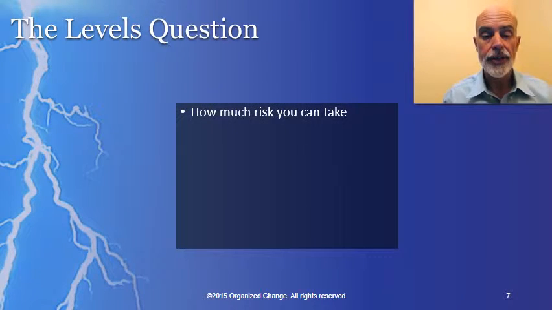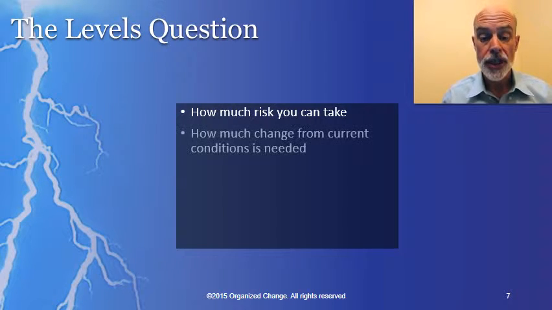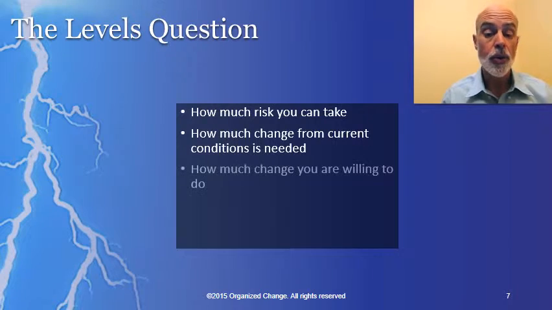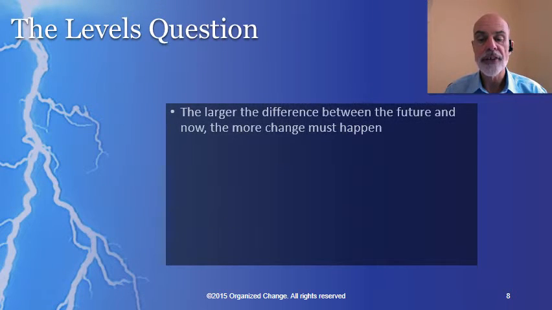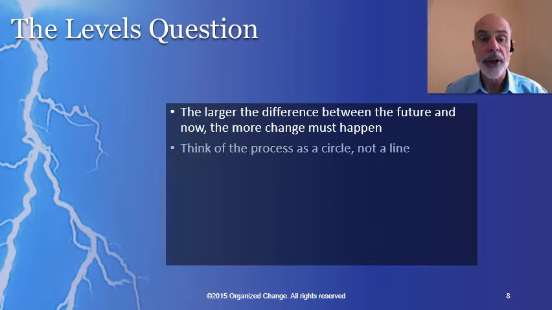Other considerations about choosing which level you wish to use include how much risk you're willing to take, how much change from current conditions is needed, how much change you're willing to do, and the degree of consensus and amount of power that you have. The larger the difference between the future and now, the more change must happen. Think of the process as a circle, not a line.